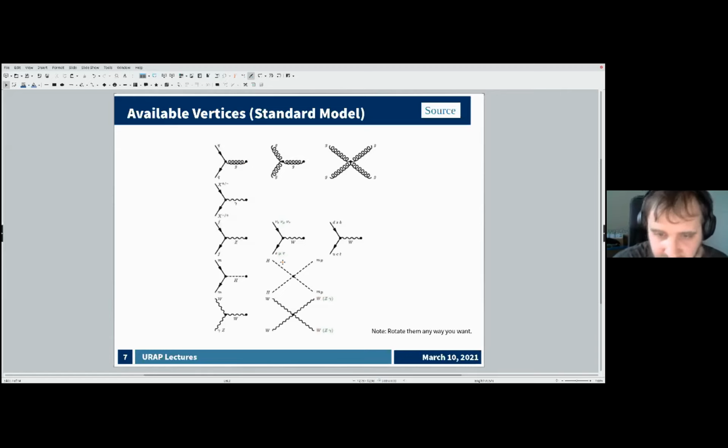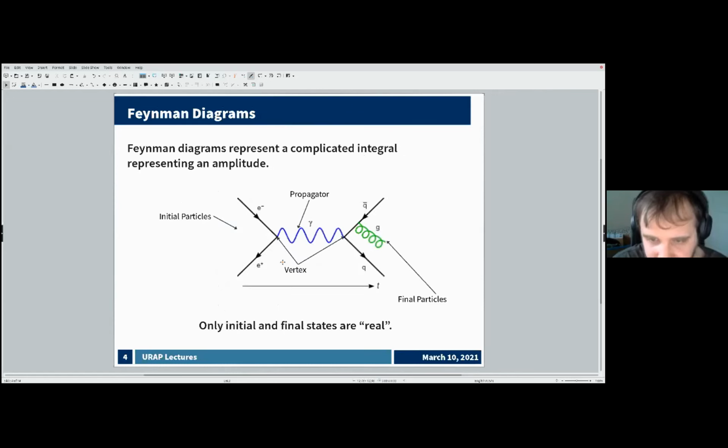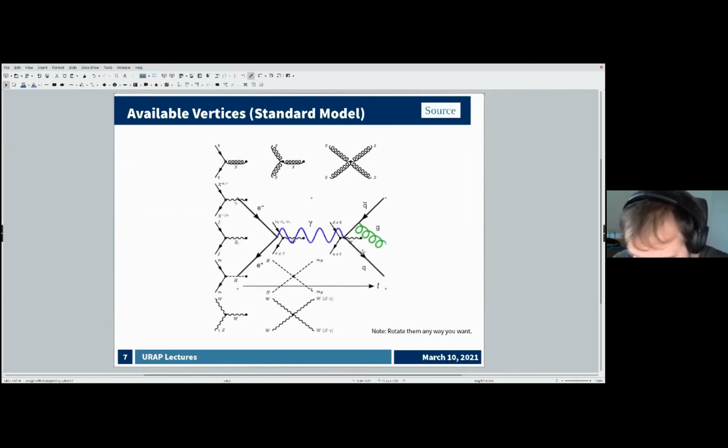So for example, the diagram that I showed earlier, I'll just go back to it and show it here so you have it for reference.